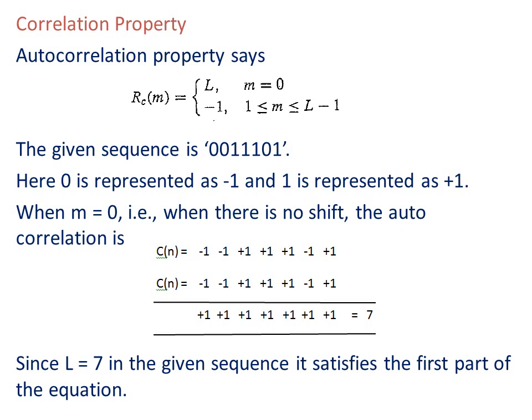When M is equal to 0, that is without shift, the autocorrelation is represented as per this representation, and ultimately the value is equal to 7. Since L is equal to 7 in the given sequence, it satisfies the first part of the rule, that is RC of M equal to L, that is 7, when M is equal to 0, that means when there is no shift.